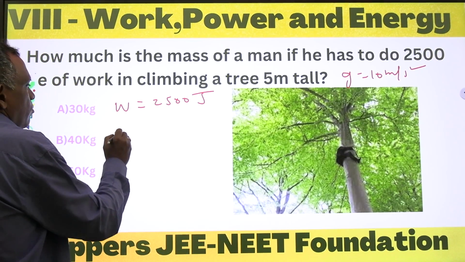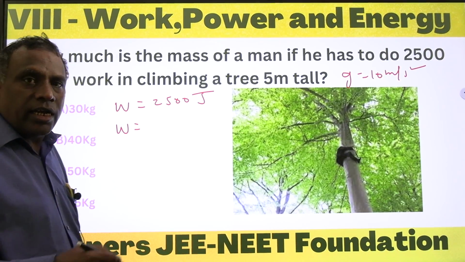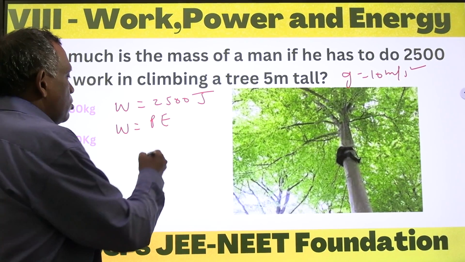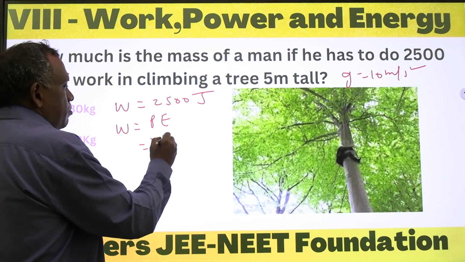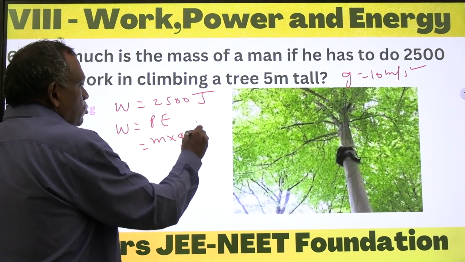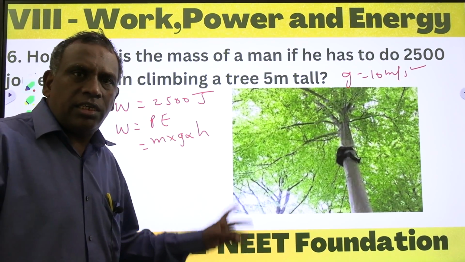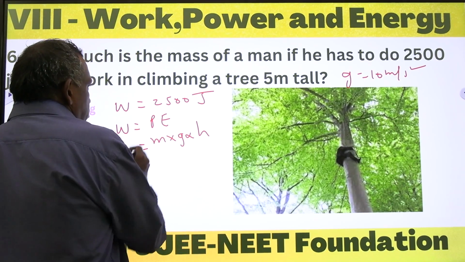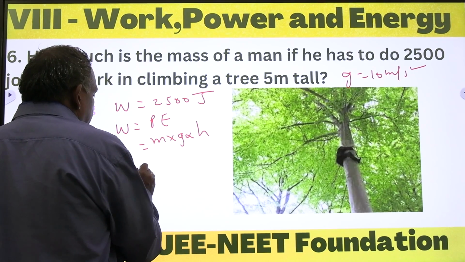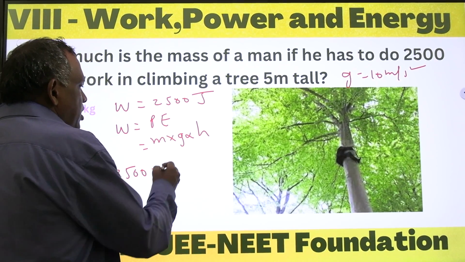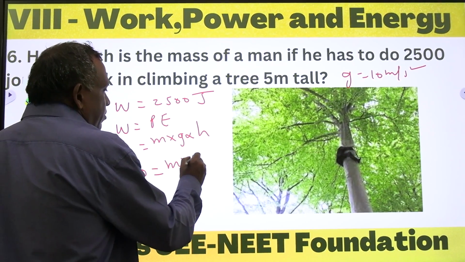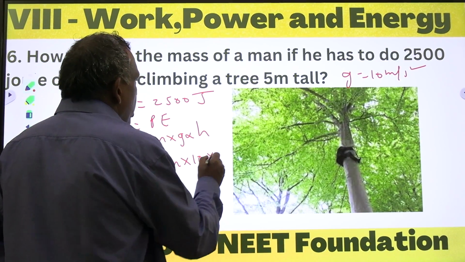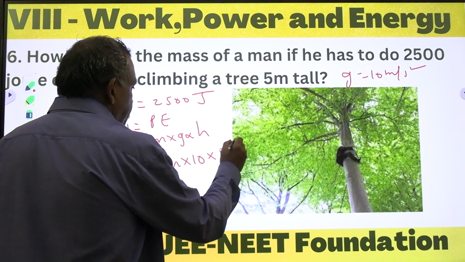See, work is nothing but energy. Energy can be potential energy because it is raised to a certain height. So the potential energy is nothing but mass into acceleration due to gravity into height. Here work is given, 2500, equal to mass, which you have to find out, times acceleration due to gravity, 10 meters per second square, times height, 5 meters.